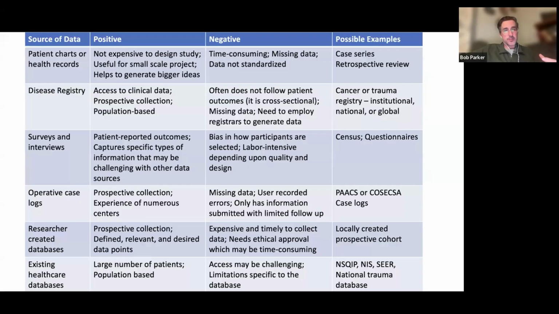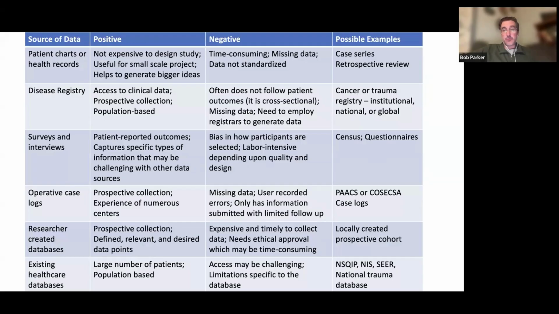But I would like to encourage us that there are still sources of data that can be available to us. So patient charts and health records, those are available. It's not expensive to design the study, but if it gets to be a large scale project, it becomes a challenge. It helps to generate bigger ideas.